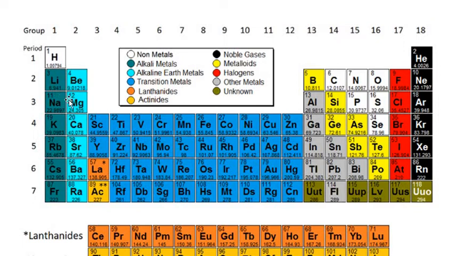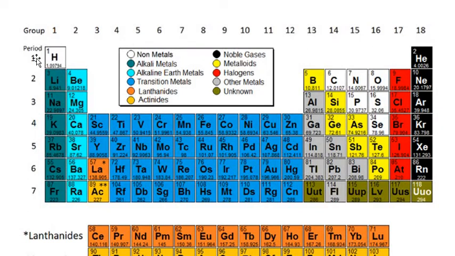Here the elements are arranged in columns and rows. How many rows? 7 rows and 18 vertical columns.